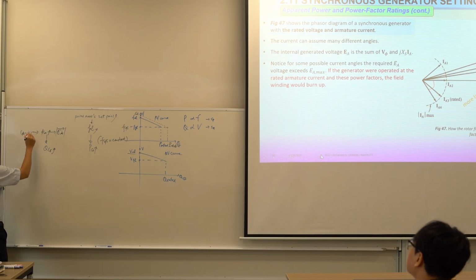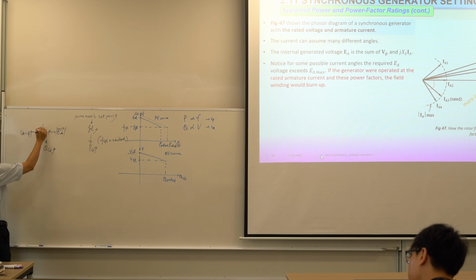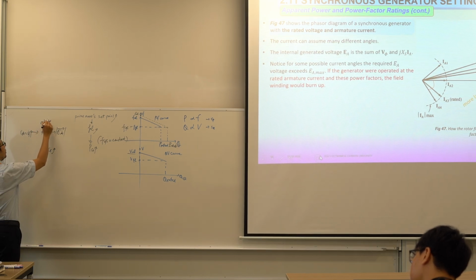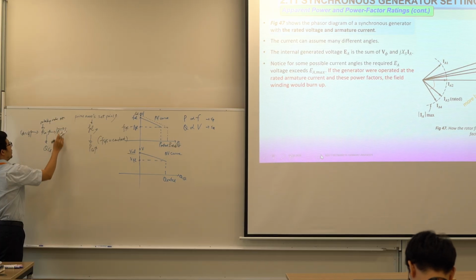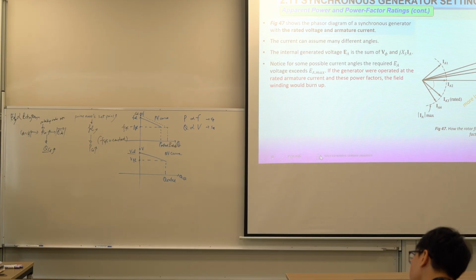IDC or IF, the field current. We increase the rotating rotor magnetic field. That means we increase EA because we have the relationship EA is proportional to K phi M omega, right? So when we increase phi M, that means we increase EA. We increase EA, that means we increase QG. So in summary, when we increase IF, we increase QG.